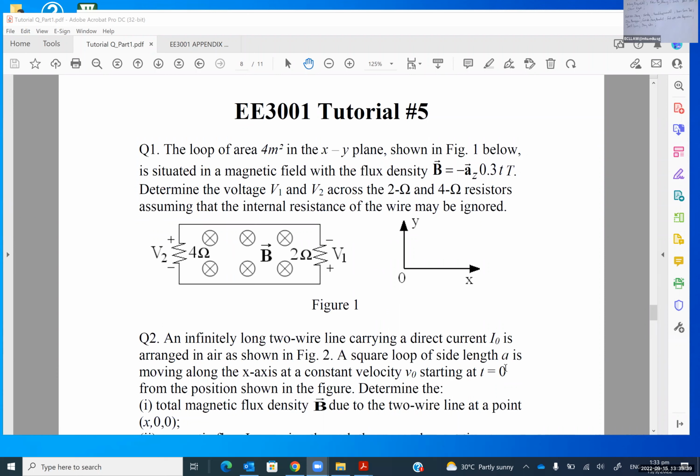Okay. So maybe we should ask ourselves, what do we hope to see from that figure that we draw when we draw the magnetic field? Are you drawing magnetic field or are you drawing magnetic flux density? Do you want to draw magnetic field or you want to draw magnetic flux density?